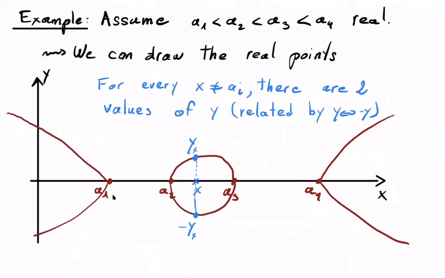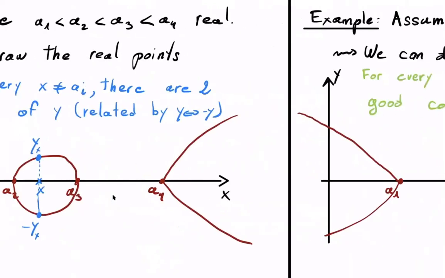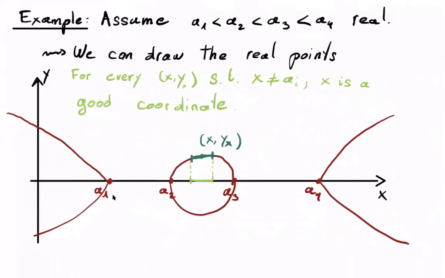Now, this allows me to do the following. Imagine I want to choose a set of local coordinates. So imagine I pick a point x, y on my curve, and I look at a little neighborhood on that curve. And I ask myself, how can I choose a local set of coordinates in this green neighborhood?